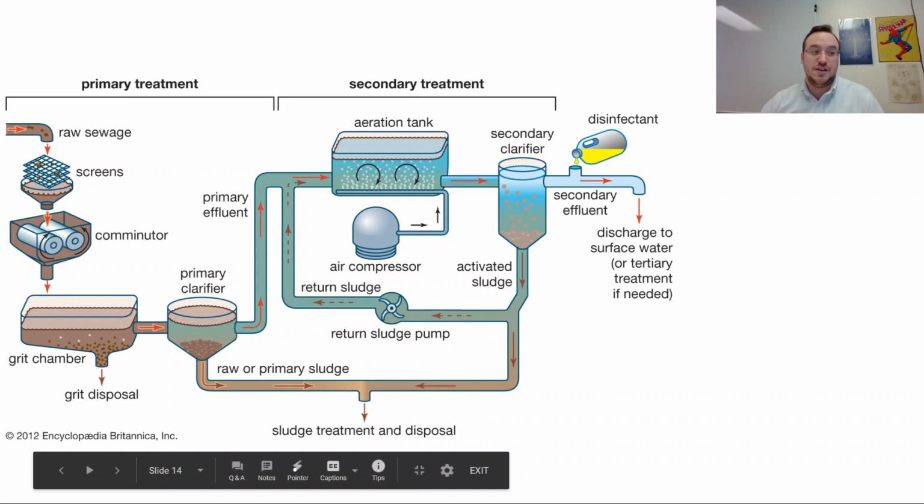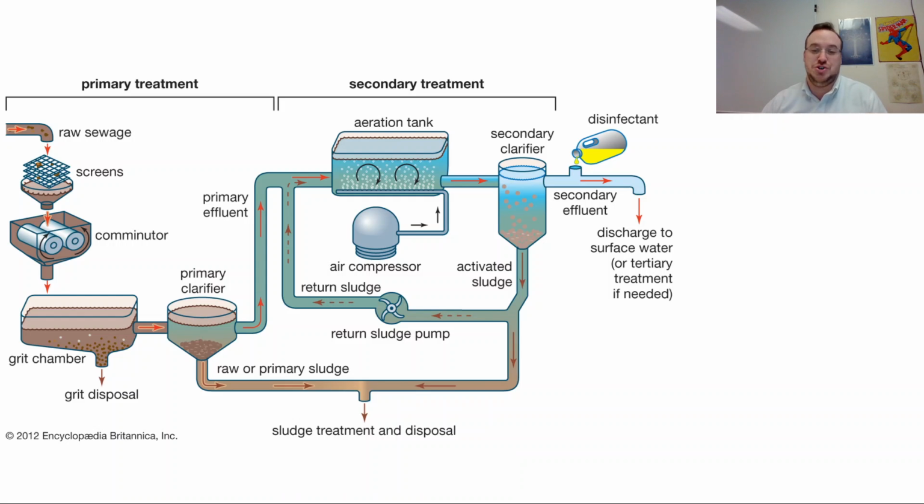The other way that we do this is by treating our sewage. Sewage, of course, is the water that leaves residential or industrial property after it has been used. And there are two different phases. There's primary treatment and secondary treatment. Primary treatment is mainly removing solids from the water itself.